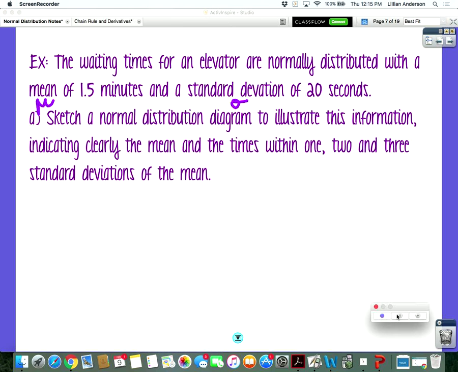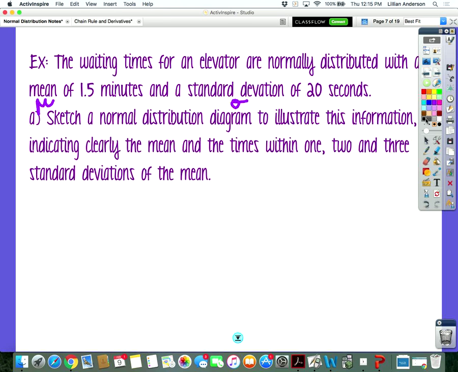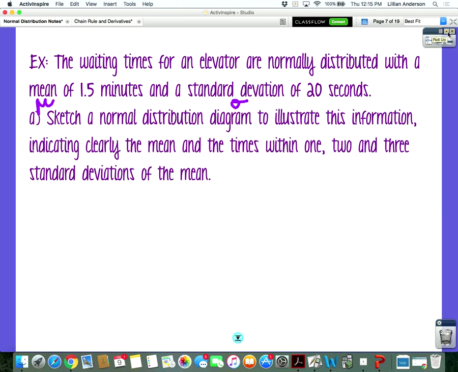So to sketch this, every bell curve is going to look exactly like what you saw on the previous slide. It has a horizontal axis, and you do label that horizontal axis. What's our variable here? What are we talking about? Waiting times. That's right. So we're going to label this waiting times.